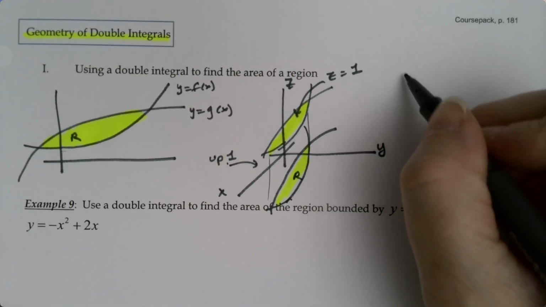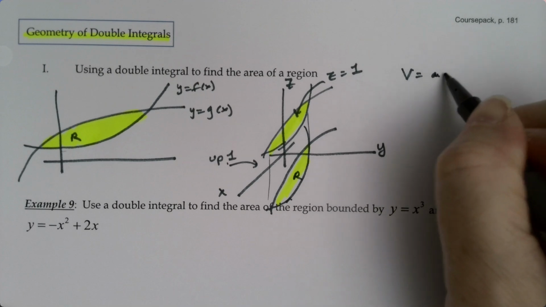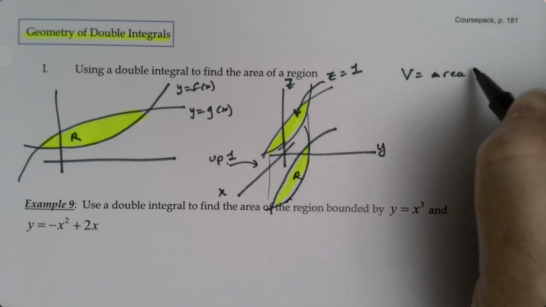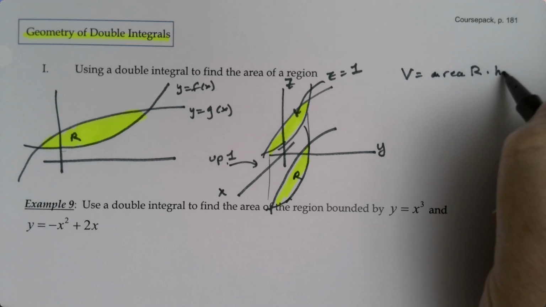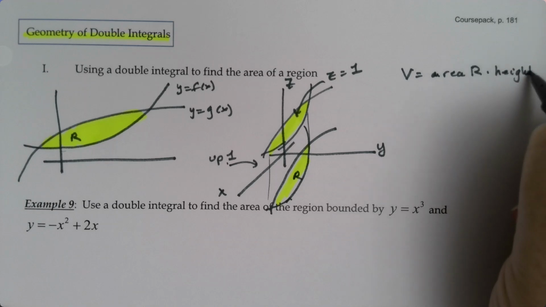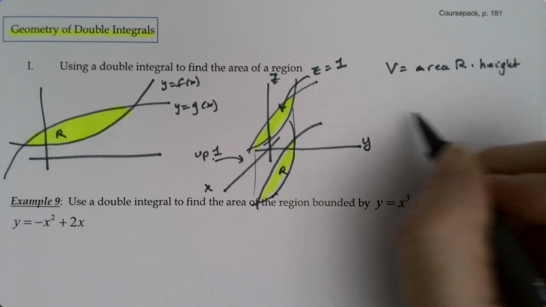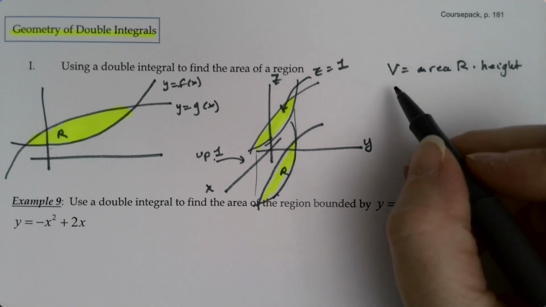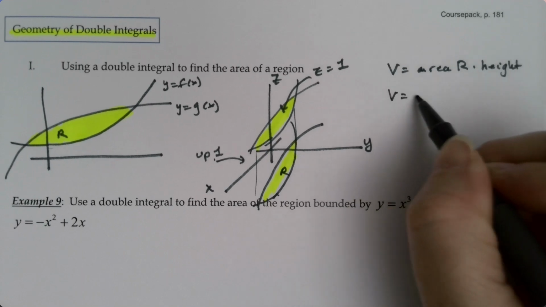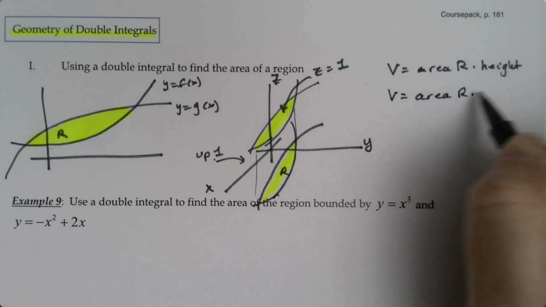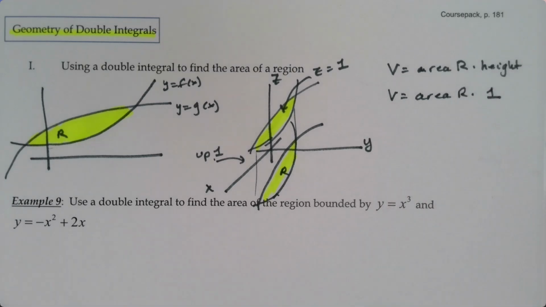So, right, volume is area of the region R times its height. So if I make it so that the height is 1, then the volume equals area of the region times 1, which means I'm actually finding the area, right?